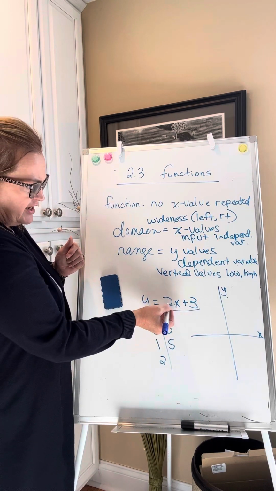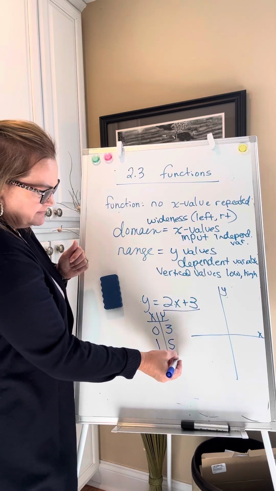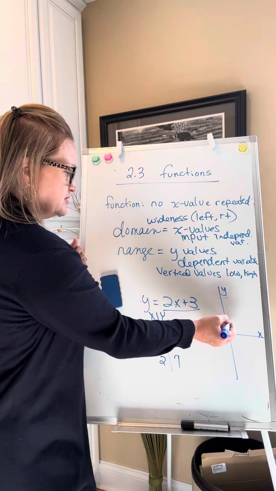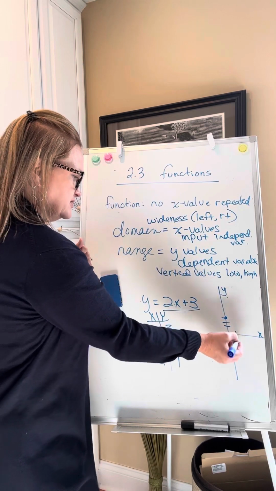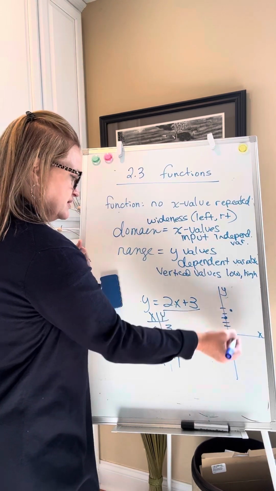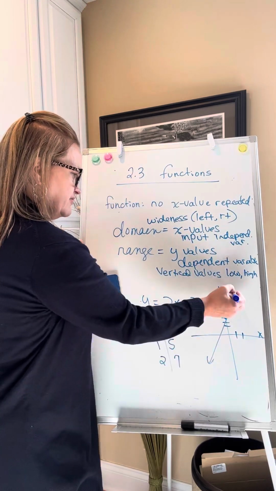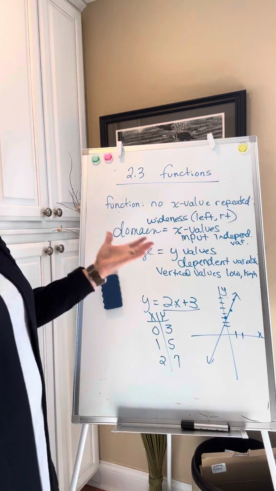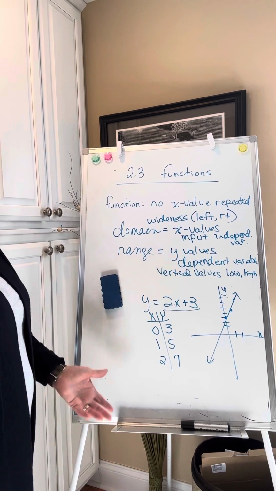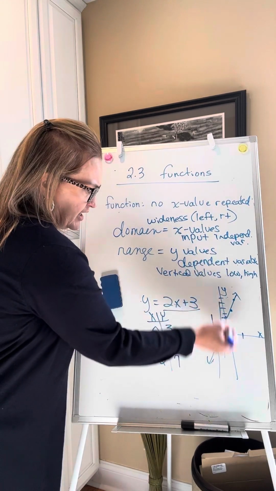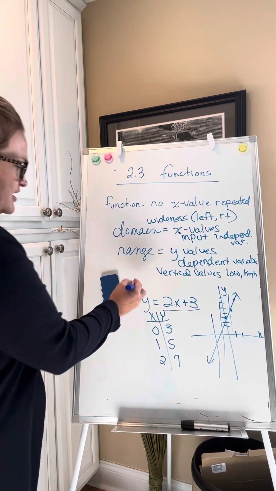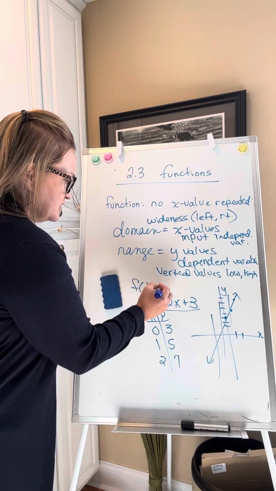We plug in for X, multiply, and then add 3. We get some values, plot those solutions, and then connecting your dots gives the graph of our line. So it's definitely going to pass the vertical line test. If we draw the vertical line, nothing is repeated, so it's certainly a function, so we can call it f of x equals.